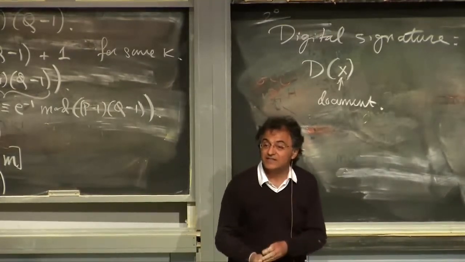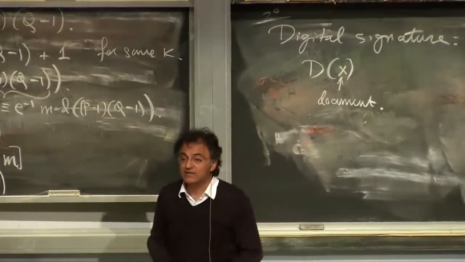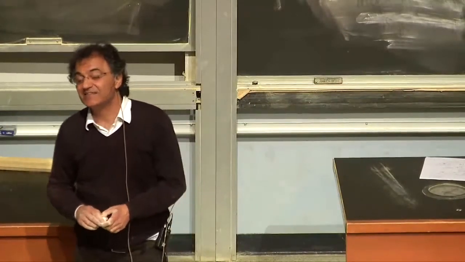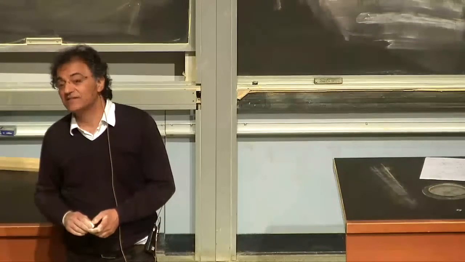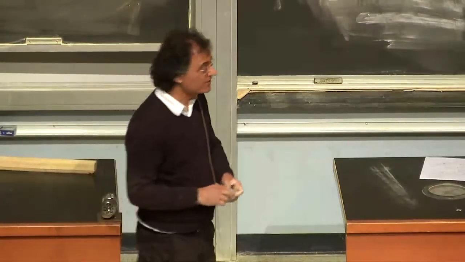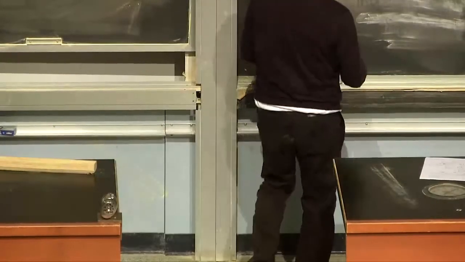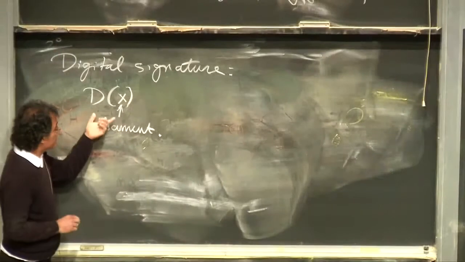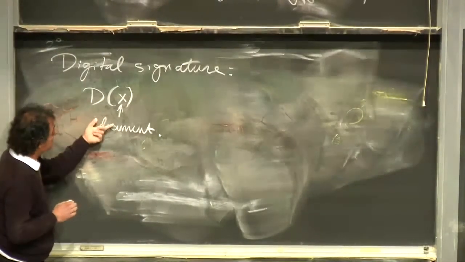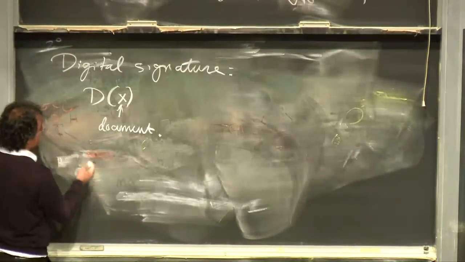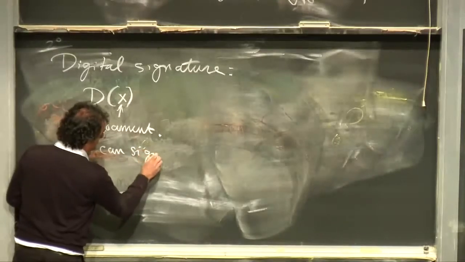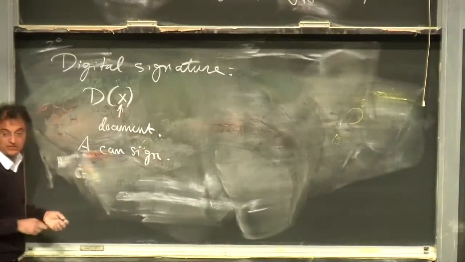Yeah. I'm sorry, what if what? Oh, well, okay, so sorry. Let's just see. What do we need from a signature scheme? What we need is, Alice can sign because she knows her decryption function.